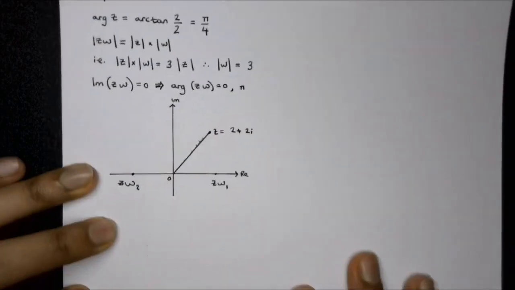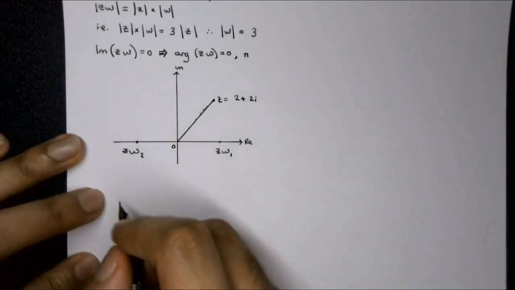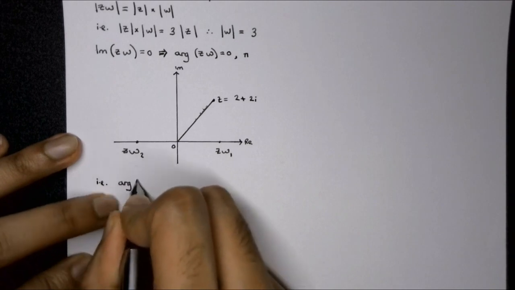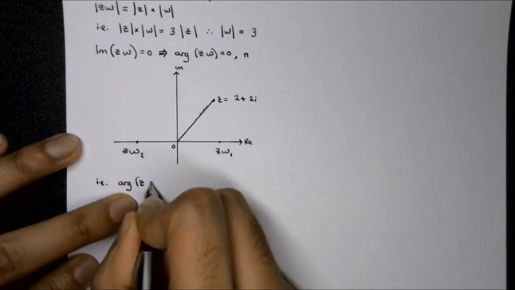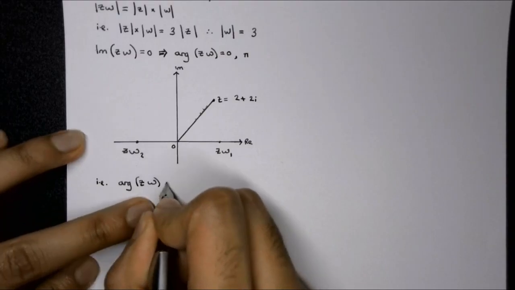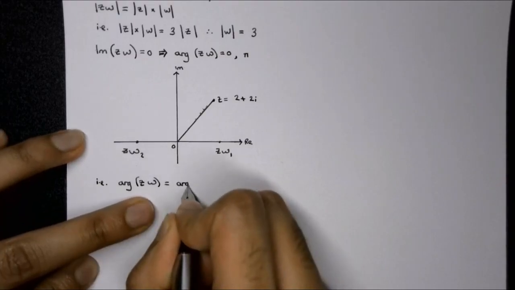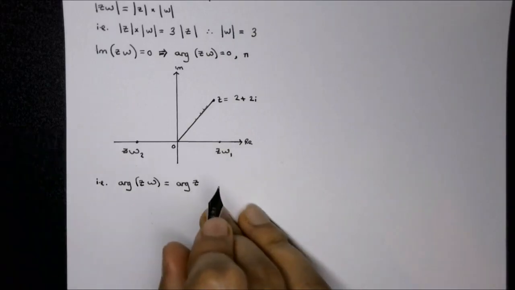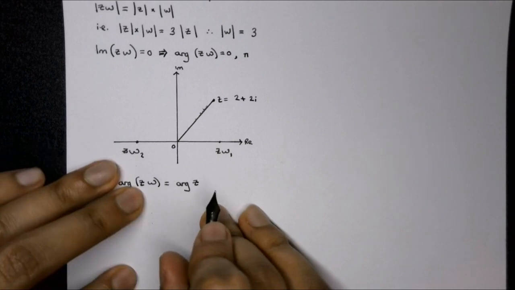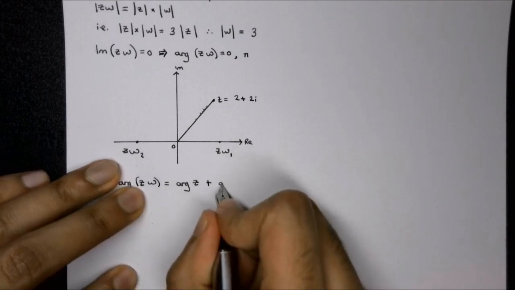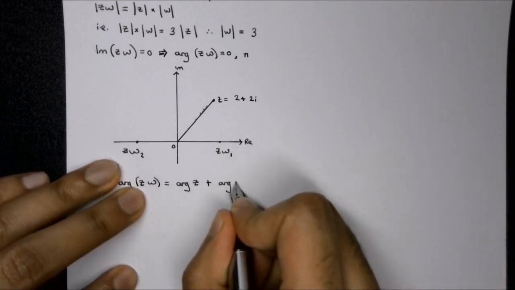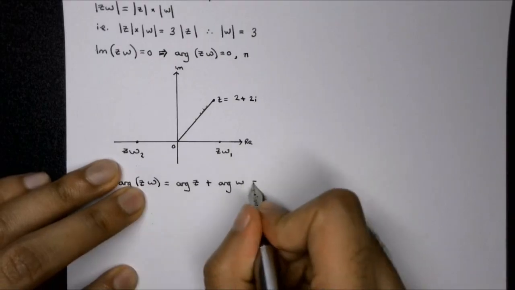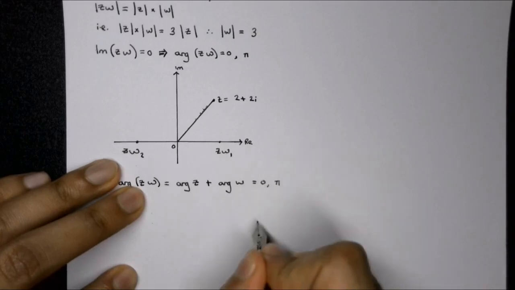So what we can hopefully see from here then is the argument of Z times W is equal to the argument of Z plus the argument of W. And this can either equal 0 or pi.